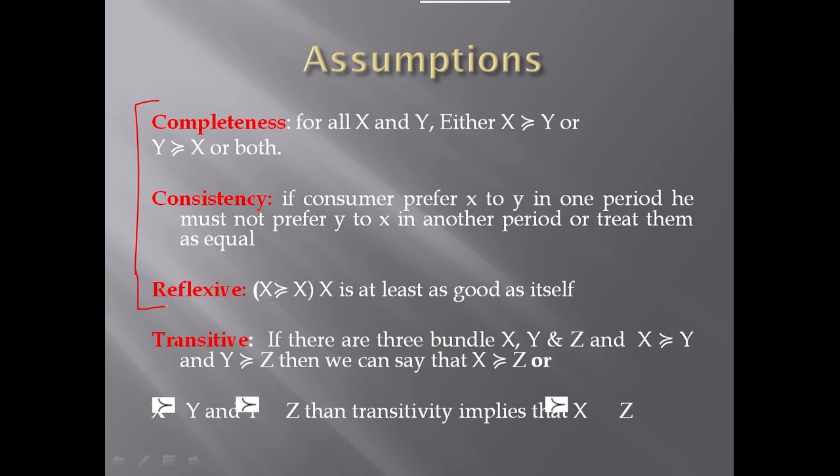The next one is consistency. Consistent behavior means if a consumer prefers X to Y in one period, he must not prefer Y to X in another period or treat them as equal.